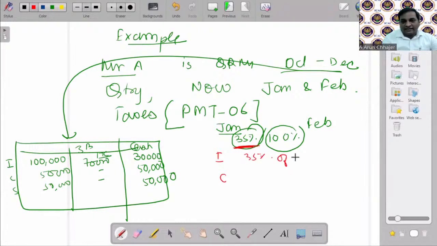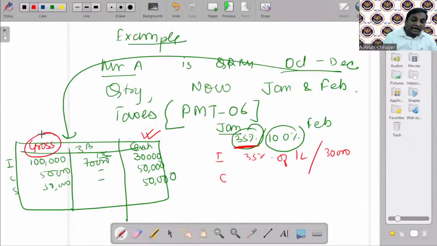35% of 1 lakh or 35% of 30,000? Please tell me, will I calculate on the cash portion or on the gross liability? So gross tax liability or the liability which is being discharged through cash, on which portion will I apply 35%?